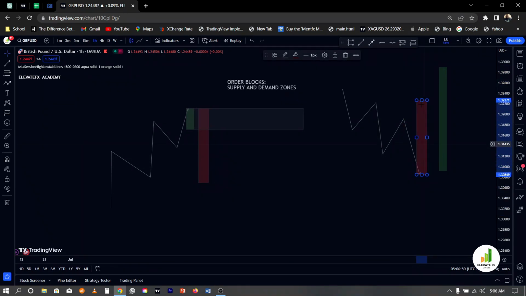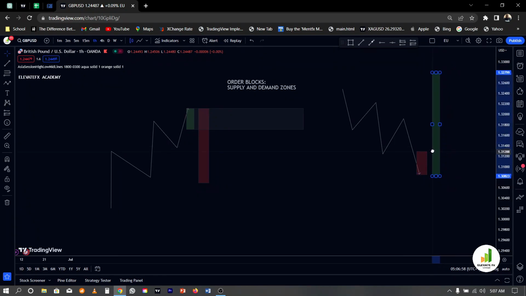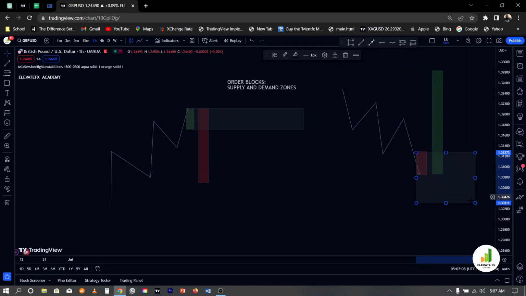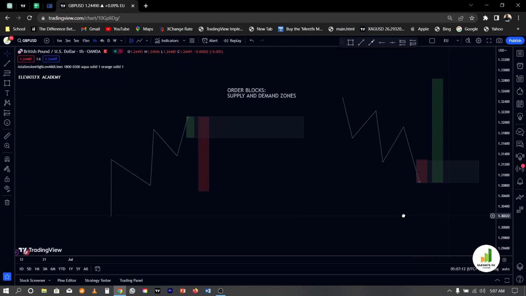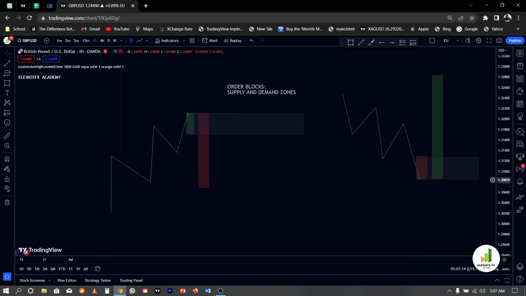So let's say this is the last red candle, and then you identify this zone here. In this case, this will be referred to as a bullish order block. So these are the two examples. This is a bearish order block, and this is a bullish order block.